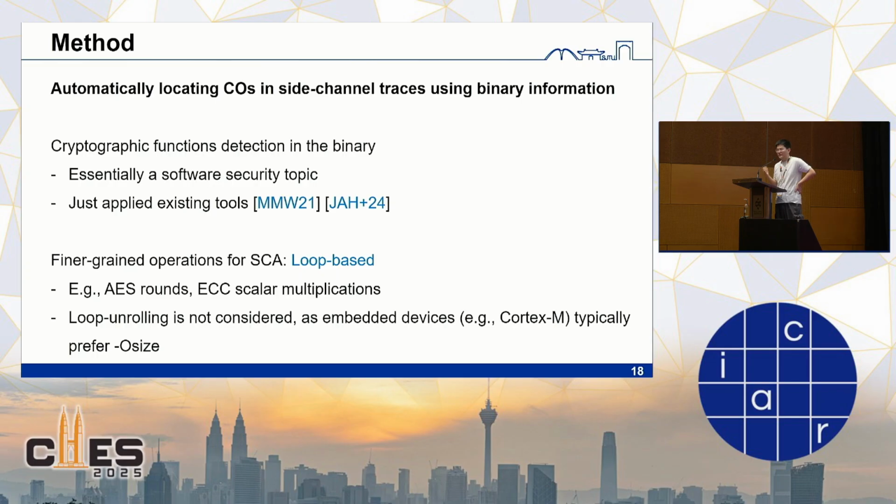But in our experience, with the embedded TLS library, even if you build it with the default options on those Cortex-M devices, it will not perform loop unrolling because these devices are memory constrained. If you unroll the loop, the binary size will be bigger, and those devices prefer to optimize for size because of the constrained environment.